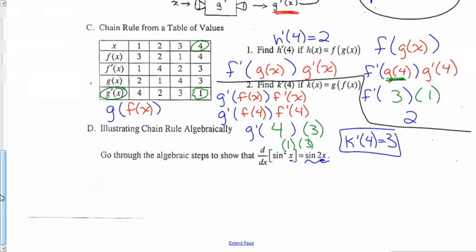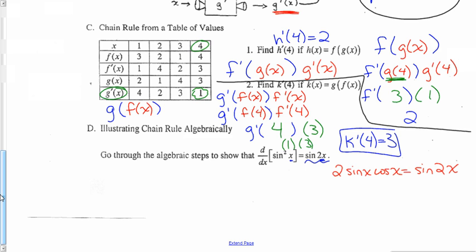I'll write it down for us in case we don't remember. 2 sine of x cosine of x is equal to sine of 2x. And I know we're going to need that rule because I can't change an x into a 2x unless I use one of my trig identities.